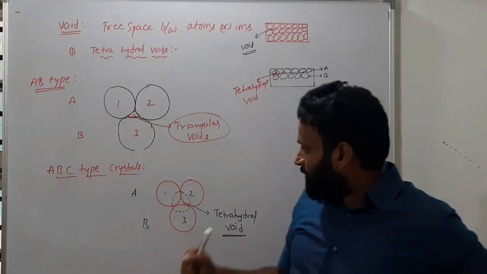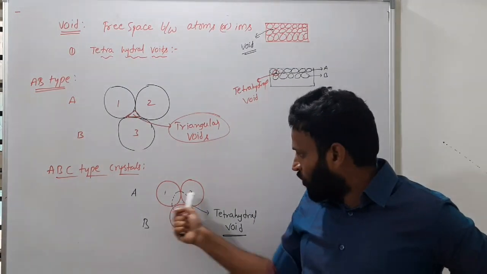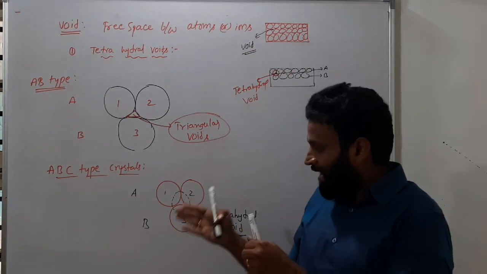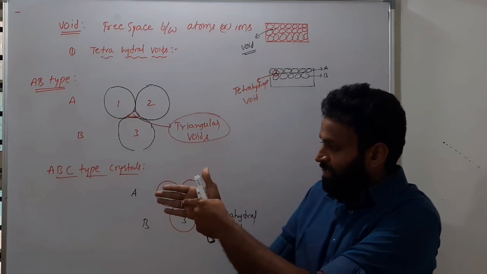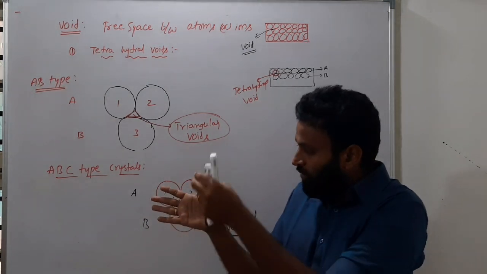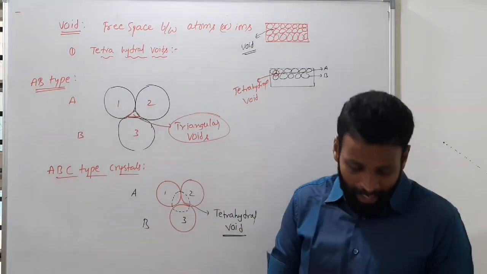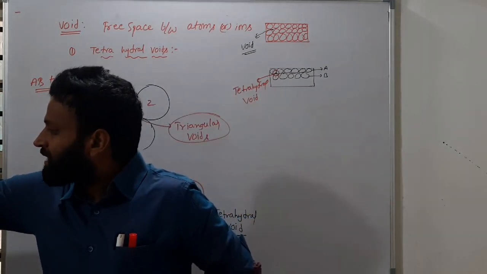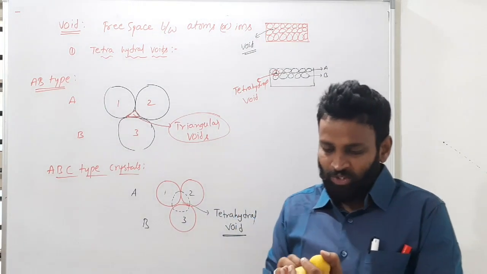In ABC type crystal systems, two atoms belong to one layer, 1 and 2, and this third atom belongs to the second, bottom layer. Above that I have a third layer. This is the A layer and here is the B layer. I'll show you using a small example. I have these lemons to explain.